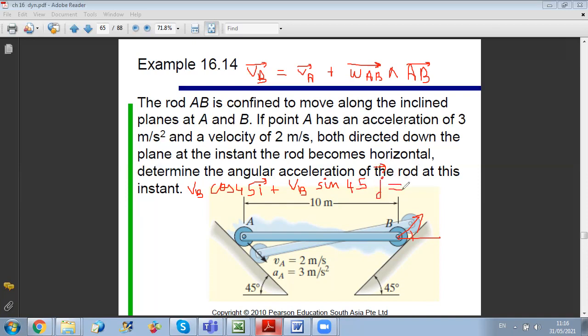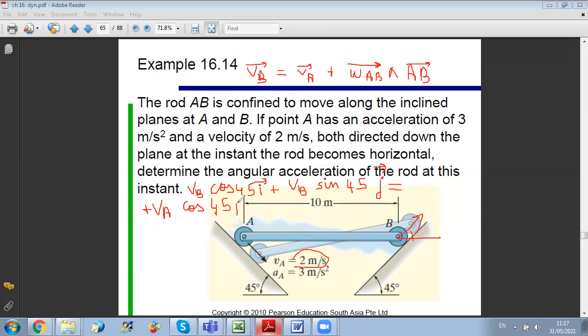Now from the other side, I have first VA. As you can see, VA is downward, and the magnitude is 2 meters per second. So along x it's positive: plus VA cosine 45 along i.